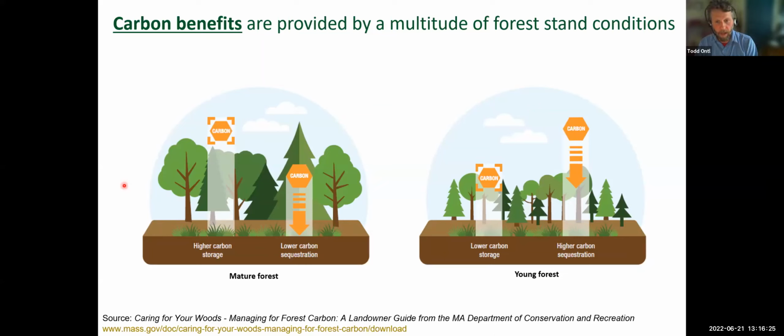But mature forests have relatively lower carbon sequestration rates on a per acre basis relative to younger forests, which have less carbon stored because the trees are smaller, the trunks are smaller, but those trees are growing very quickly. And so there's very high carbon sequestration rates in these young forests. So really the type of carbon benefit you get is sort of dependent upon the stand characteristics, but you're typically getting both from a healthy forest stand.